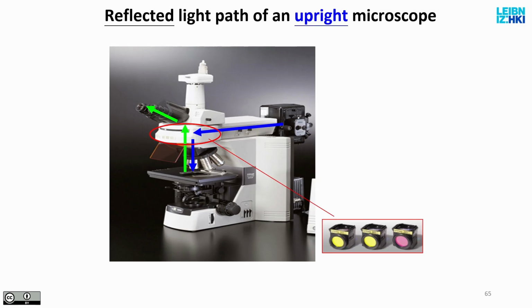You can do this in upright mode or inverted mode. Of course, in each case, you will need these optical elements, where the main element is this dichroic mirror, which separates excitation and emission. They can also have filters, which help separate a certain wavelength range for the excitation and a certain wavelength range for the emission.